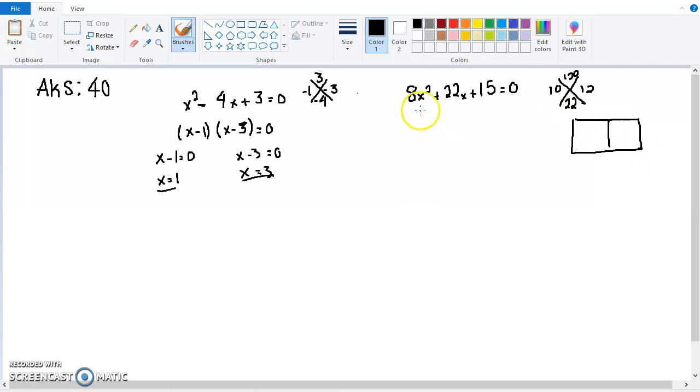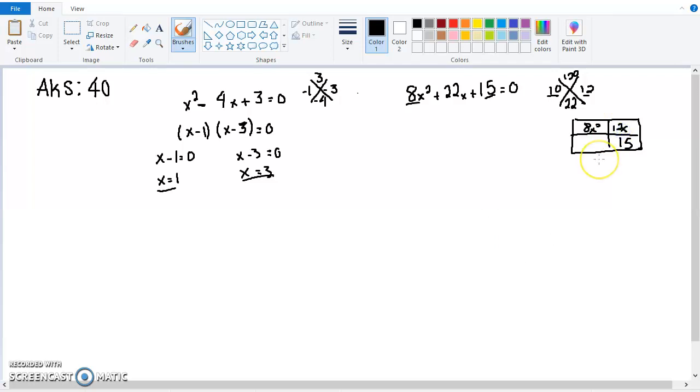You put your first term on the top left, so 8x squared on the top left, and then your last term in the bottom right, so it's gonna be 15. Then you put the two numbers you got when you did the factoring in with the x. So you're gonna have 12x over here.